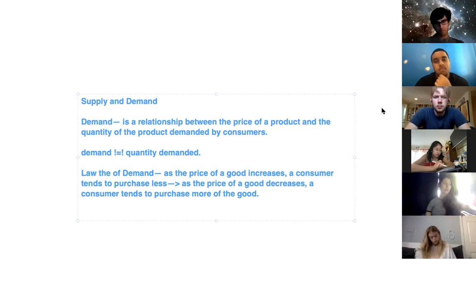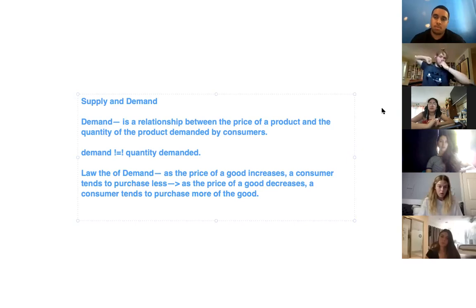That's a quantity demanded at a specific price. Now I'm going to raise the price to $1.50 a bottle. Give me your new quantity. And I'm going to lower it to 50 cents a bottle. Give me your new quantity. And I'm going to lower it to 25 cents a bottle. Give me your new quantity. I don't know, but I'm guessing that your responses would obey the law of demand.